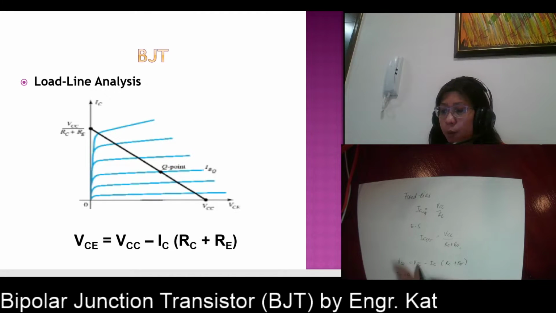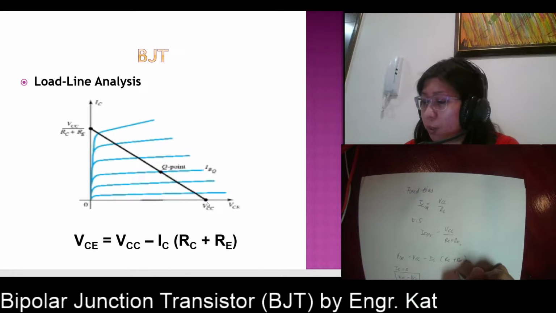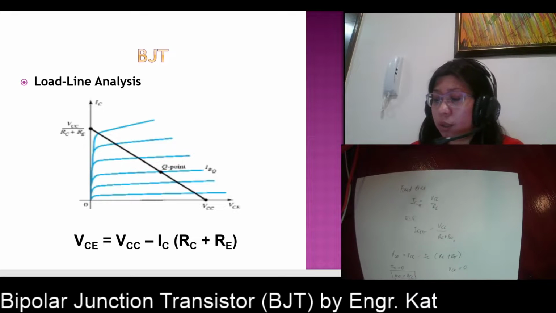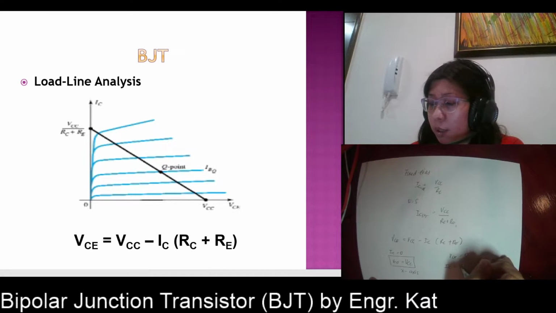When IC is equal to 0, you have your VCE equal to your VCC. So this is a point at the X axis or at the horizontal axis. So where is that? That is your first point. And then your second point is when we say VCE is equal to 0. So when your VCE is equal to 0, we can solve for your IC, which is equivalent to VCC all over RC plus RE.